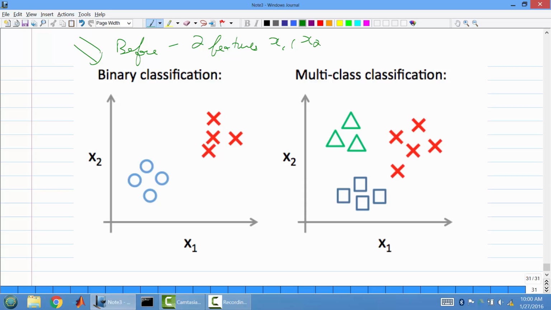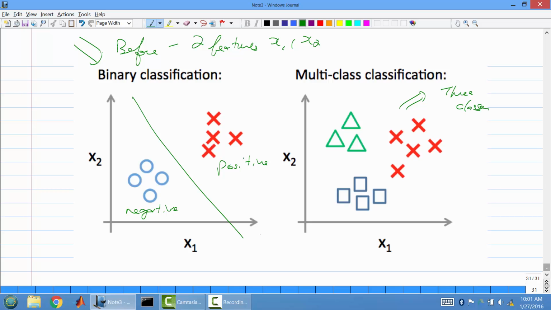And the best line of separation might be here, something like that. This is the negative class and this is the positive. Okay? And now with multi-class, there's a whole mishmash of points, and each of them may belong to, instead of just one of 2 classes, one of, let's say, 3 classes, for example. All right? So this is 3 classes here.